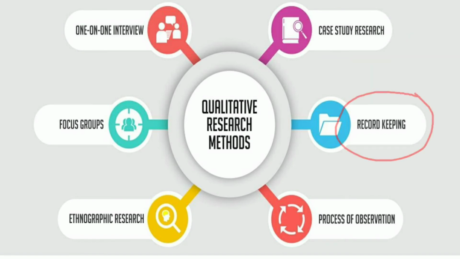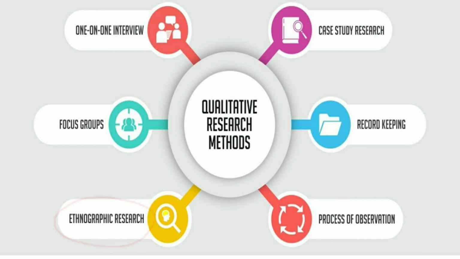The next one is record keeping, which is the method to make use of already existing reliable documents and similar sources of information as the data source. So this data can be used in new research. The next one is qualitative observation, which is the process of research that uses subjective methodologies like sight, smell, touch, taste and hearing to gather systematic information or data.